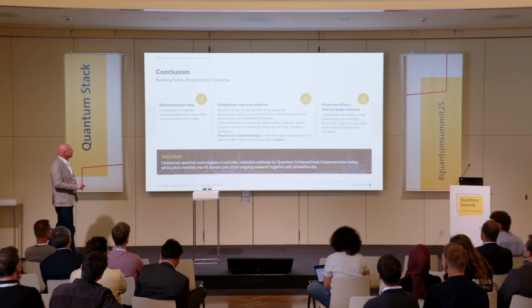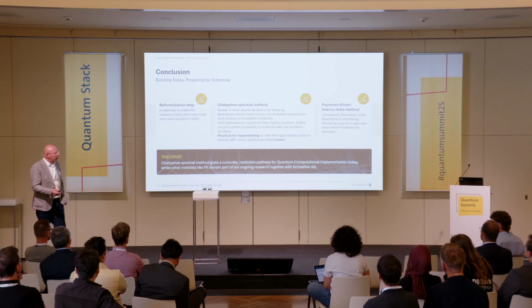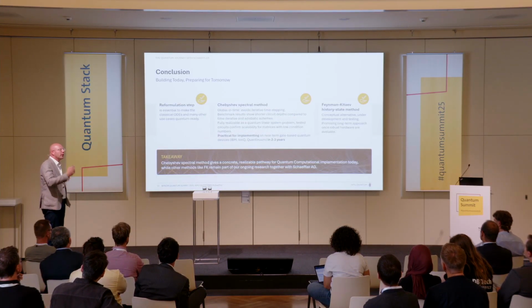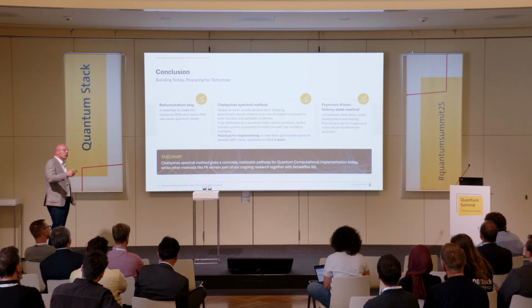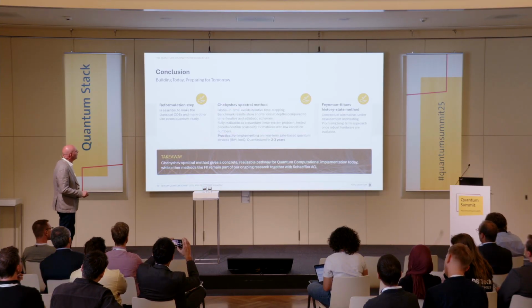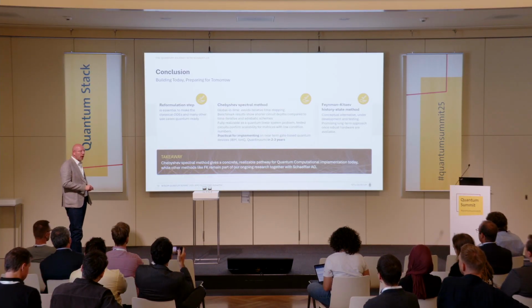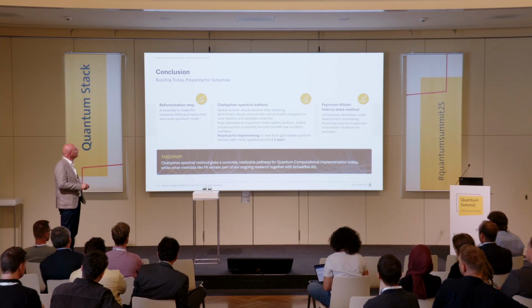It is very important that we follow different protocols in the reformulation of the problem, because that will also decide how you can use quantum computing, how many resources you will need, and how good the solution will be. The Chebyshev spectrum method is a promising path to solve such problems.